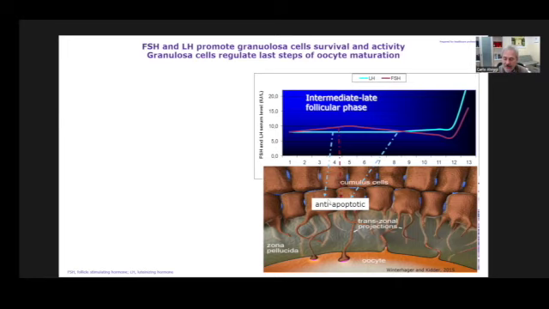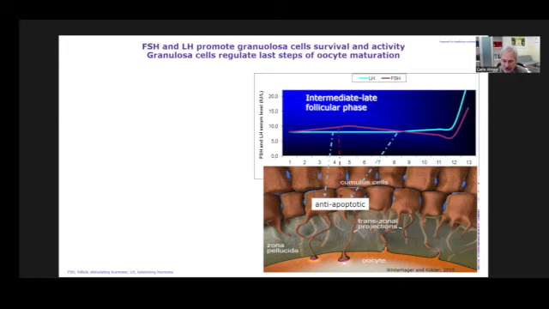So if we hypothesize, we know that LH is anti-apoptotic, LH is crucial for maintaining these granulosa cells surviving. And so we can have optimal transmission throughout transzonal projection.